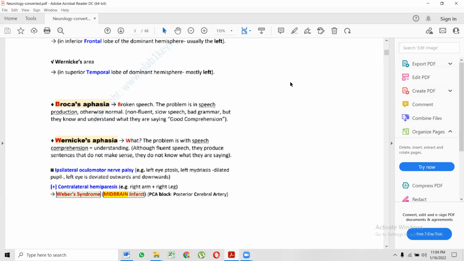Now, below the cerebral cortex lies the brainstem. How can you identify a brainstem lesion? Remember that there are 12 cranial nerves, 10 of which arise from the brainstem.